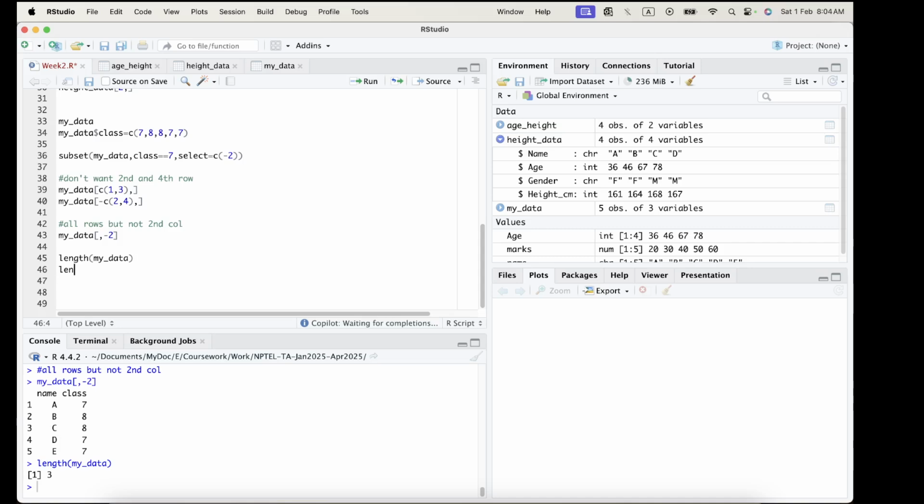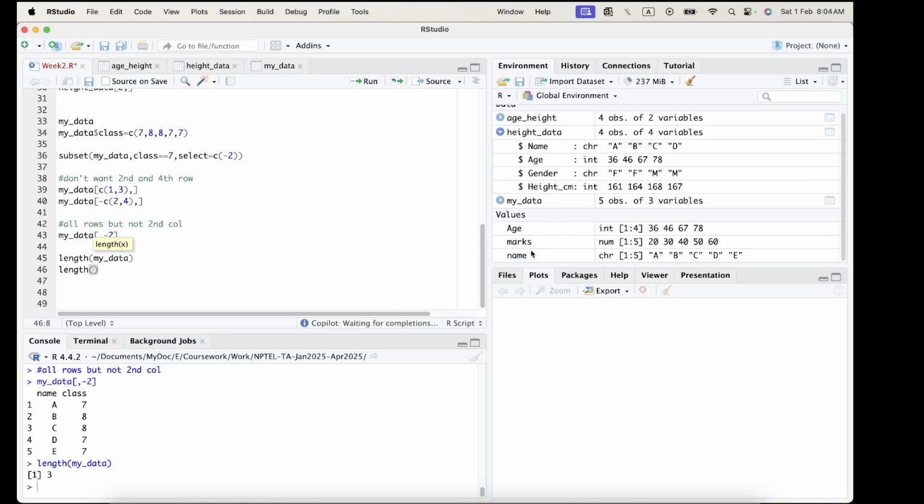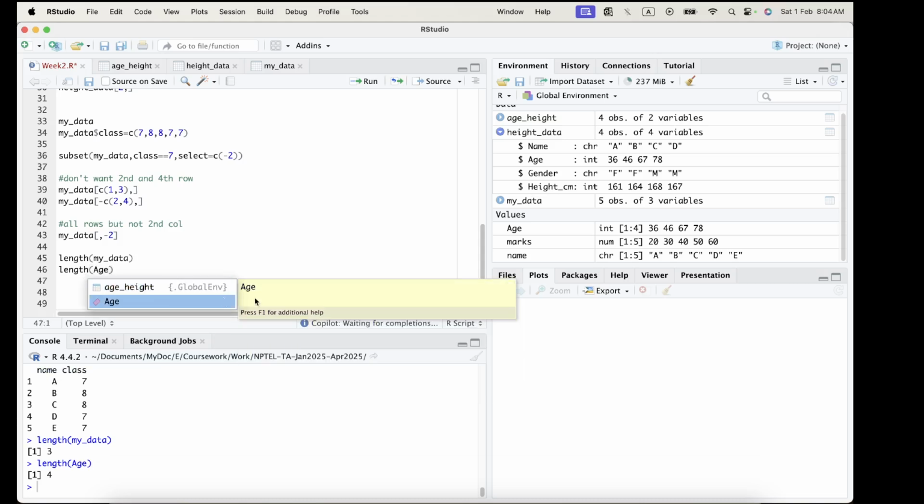On the contrary, if you give length of a vector, like the value over here, let's say age, this is going to give you the number of elements present in the vector. But for a data frame, the length command gives the number of columns.